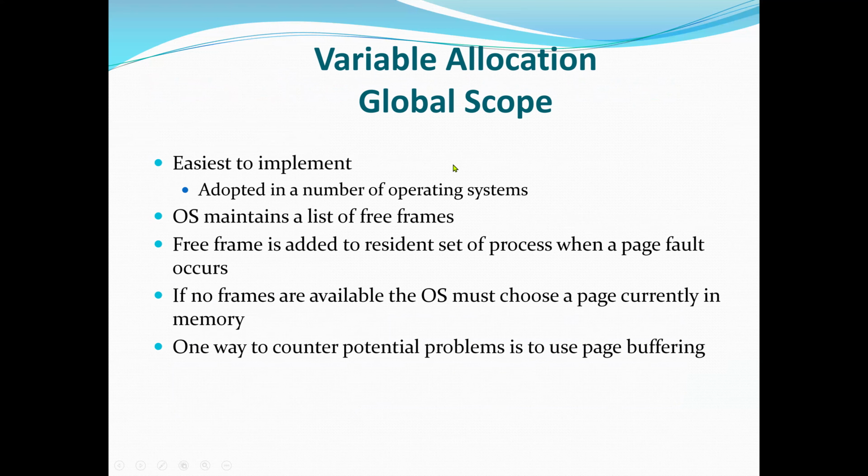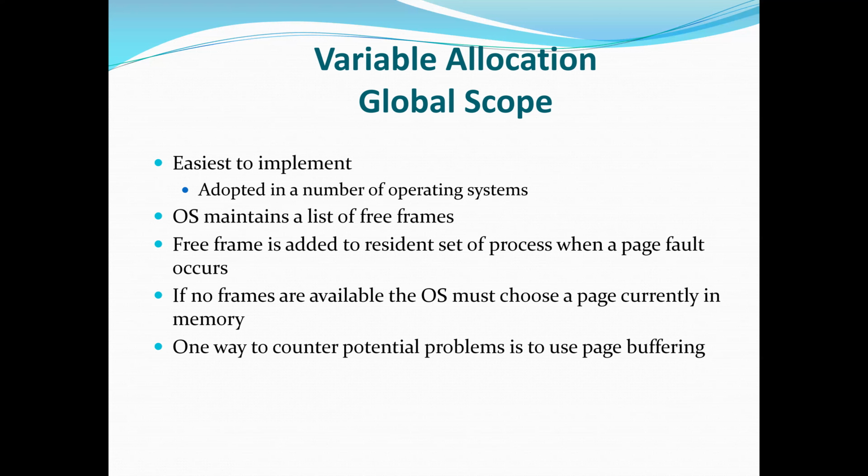Next is the variable allocation global scope. Here we say it's very easy to implement and also adopted in a number of operating systems. The operating system will maintain a list of free frames, and a free frame is added to the resident set of a process when a page fault occurs. So at any given time, there are a number of processes in main memory, each with a certain number of frames allocated to it.